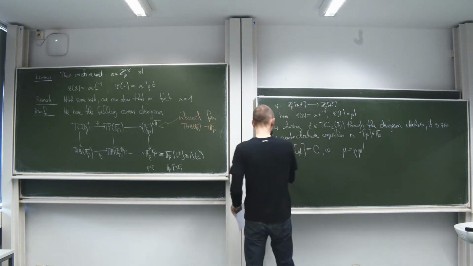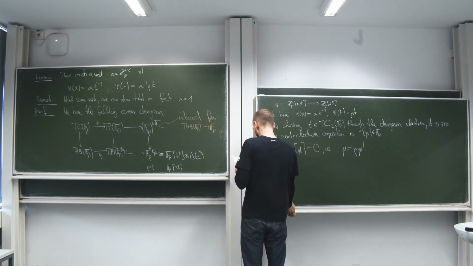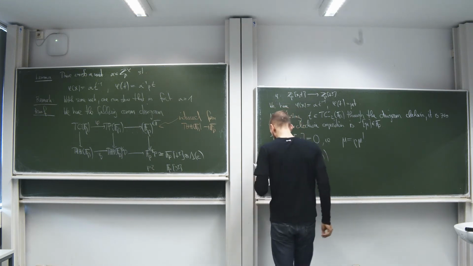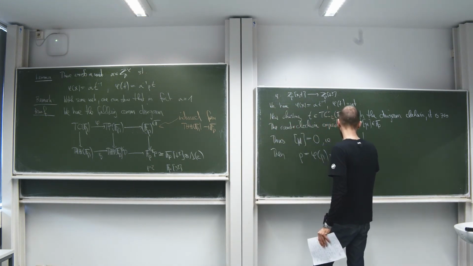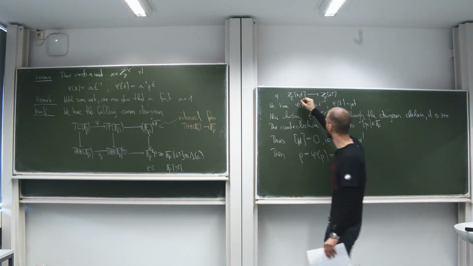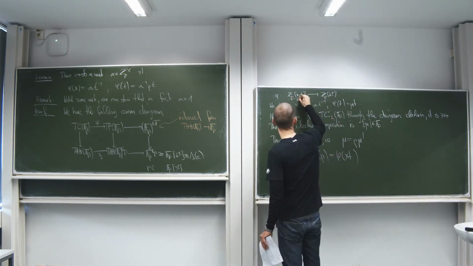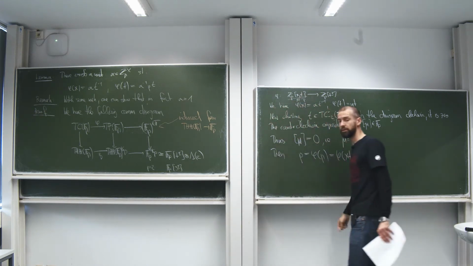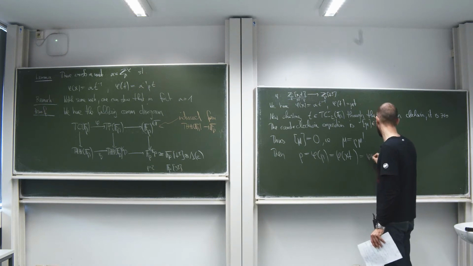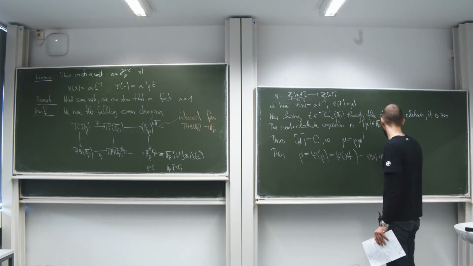But then what do we get from that? We can write p as phi of p, but this is then phi of xt. Right, because in TC minus we have the relation, oh man, I should have written xt equals p. Sorry for that. So then we have this relation, but this is then of course phi x times phi t.